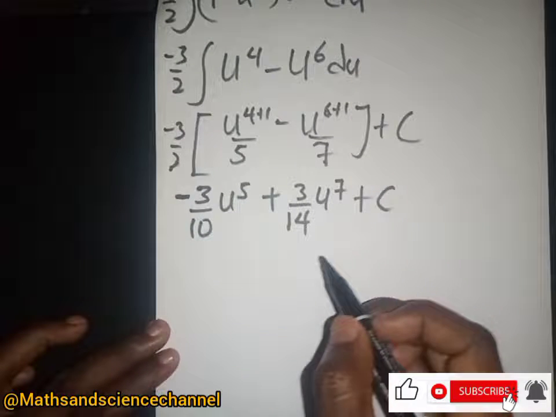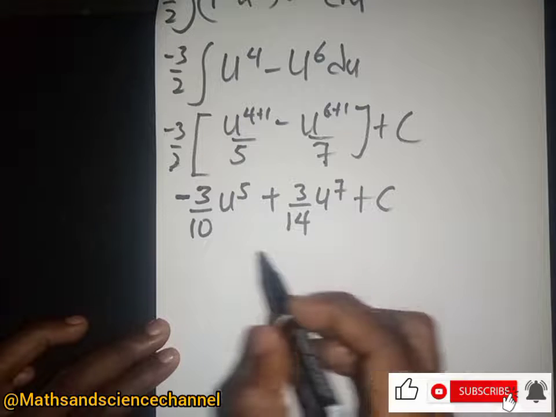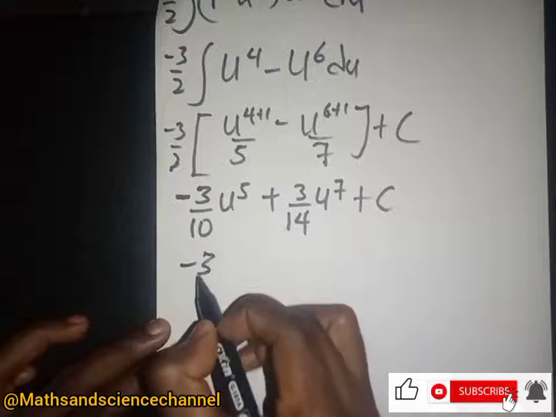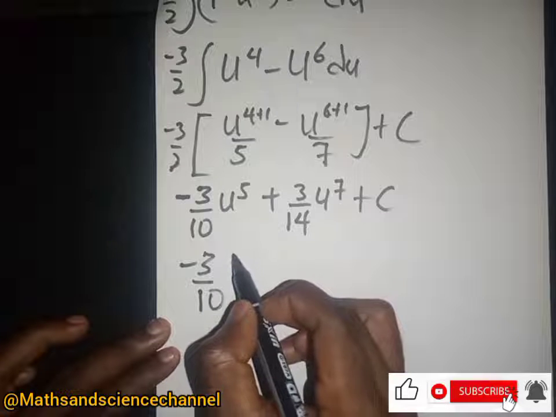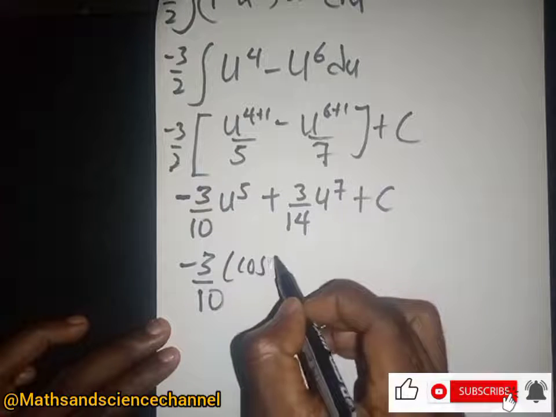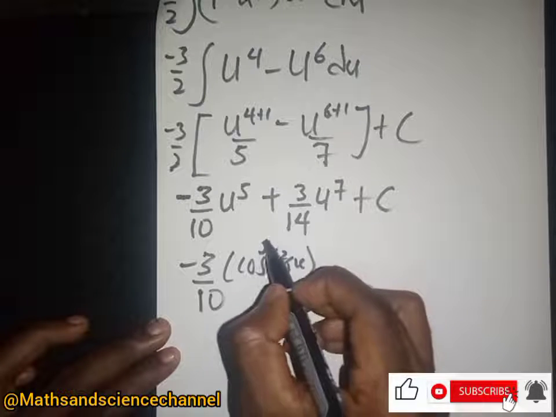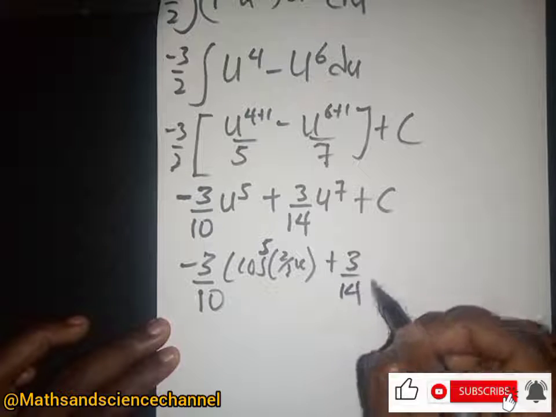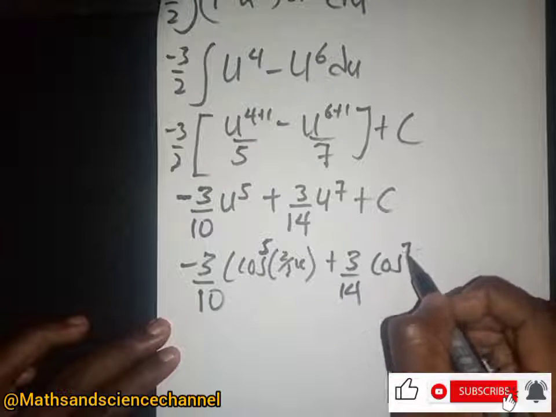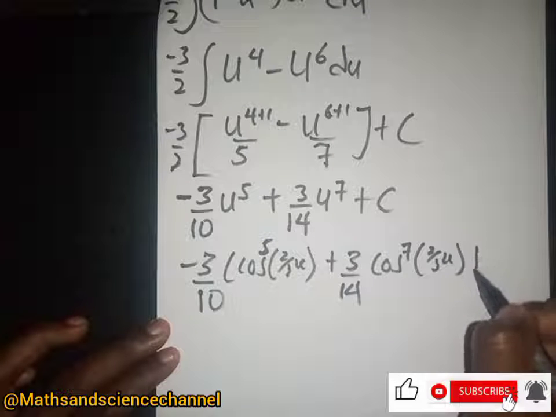Now remember we said let u equal cos of 2/3 x, so we just replace that. So we have 3/10 cos to the power 5 of 2/3 x, plus 3/14 cos to the power 7 of 2/3 x, plus c.